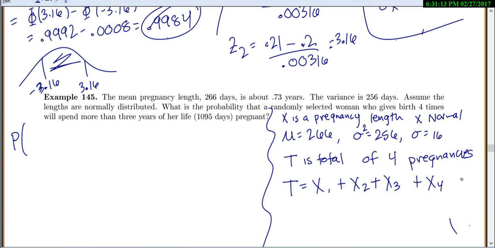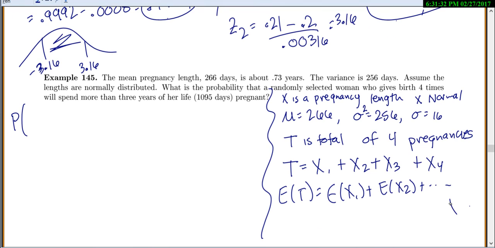And if you know that, we also need to find our mean and variance. So the expected value for T would just be the expected value of X1 plus the expected value of X2 plus dot dot dot. Or the mean for T would be equal to, let's see, what's our mean for each one? 266 plus 266 plus 266 plus 266 gives me 1,064.